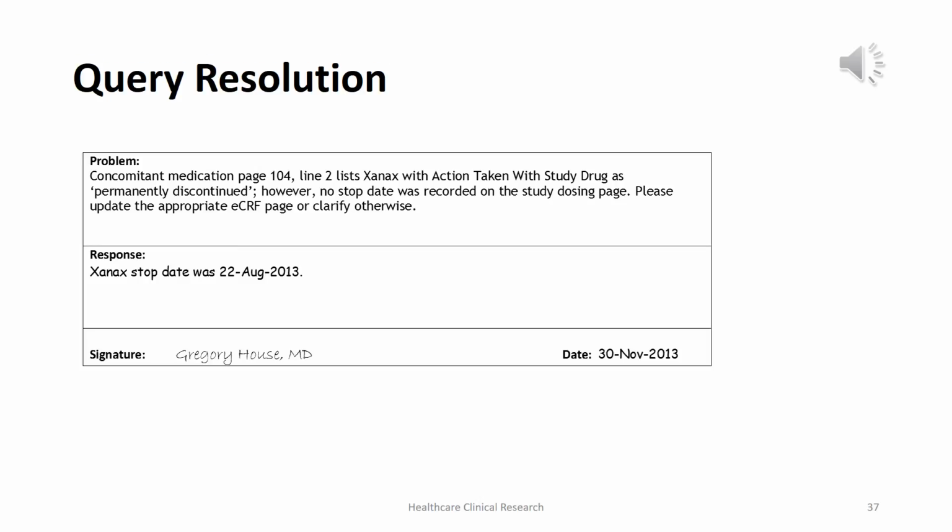So although they provided an answer, we need to requery this and imply that we want them to tell us what the date of last dose was for the study drug, because they've indicated that it was permanently discontinued, but they've provided no stop date on the study dosing page. So they need to provide some clarification on that.